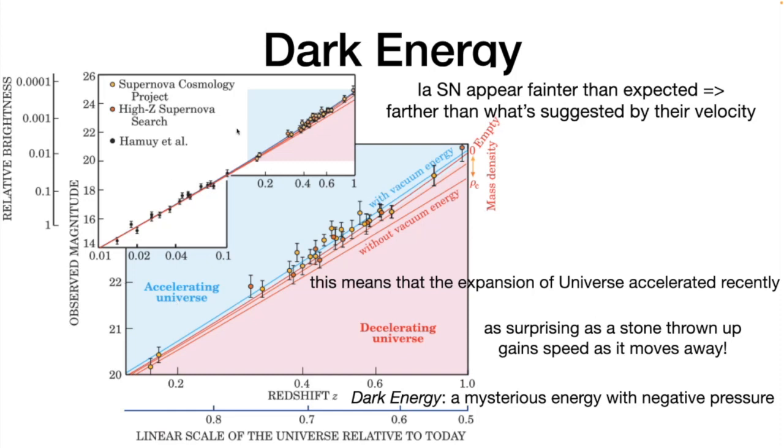I'm actually not going to go into the details of how you interpret it because this is not a cosmology course, but the main observational thing is that the type 1a supernovae appear fainter than what you expect from their present velocity. So you're looking at very high redshift, redshift of order 1 or beyond, galaxies through these type 1a supernovae, just like the Cepheids, which are standard candles, and you see that they are fainter than what their velocities would suggest.